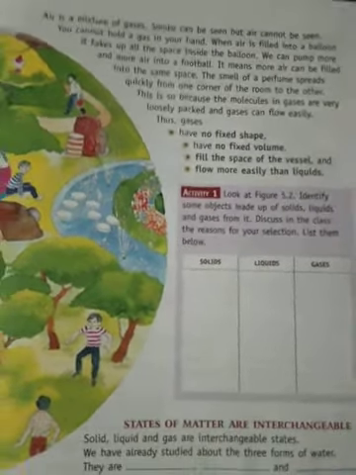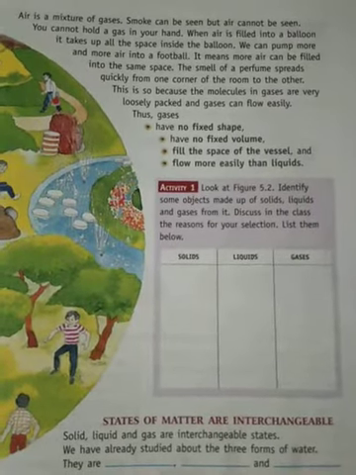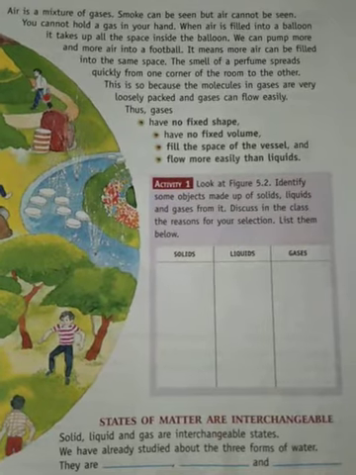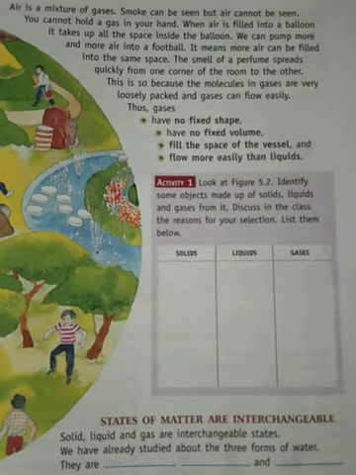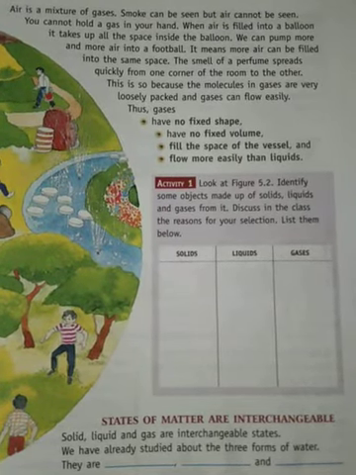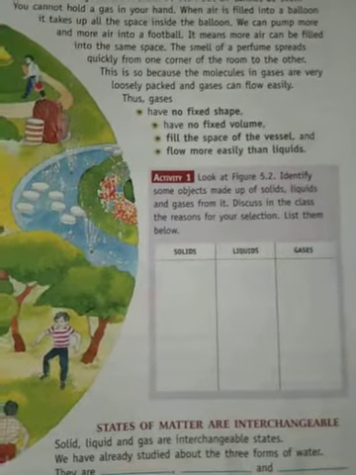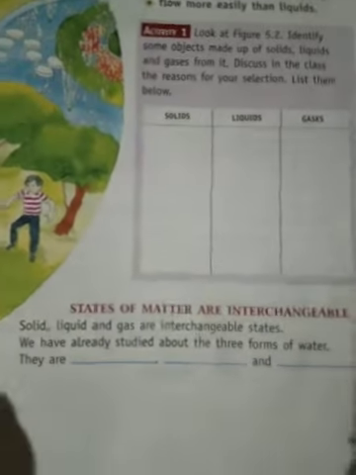I have described it at the beginning of this video also. In the middle of this video, you have to categorize them inside that particular chart, such that some of them will come into the solid category, some in the liquid category, and the last ones will be the gases.